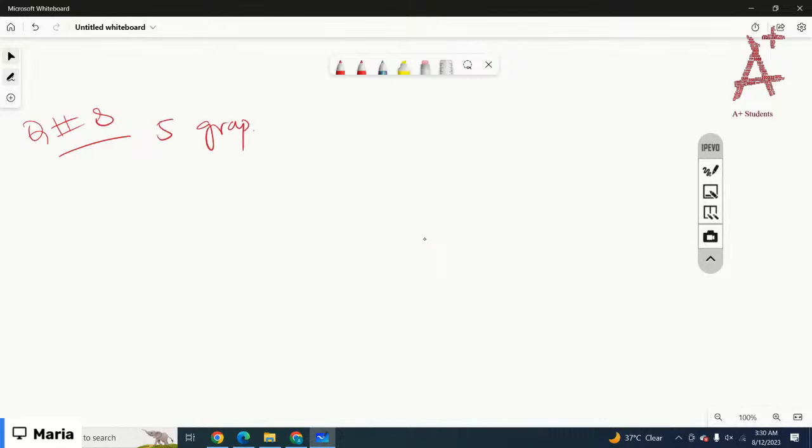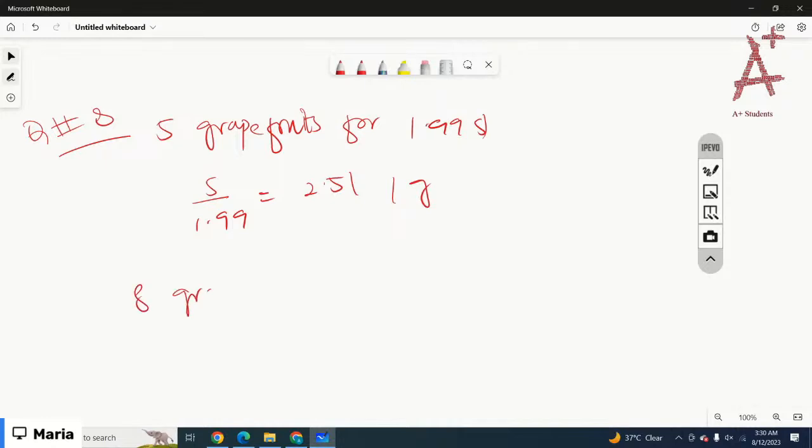5 grapefruits for $1.99. So you have to divide 5 by 1.99 and the answer is 2.15 per dollar, right? Then the other one is 8 grapefruit for 2.99.